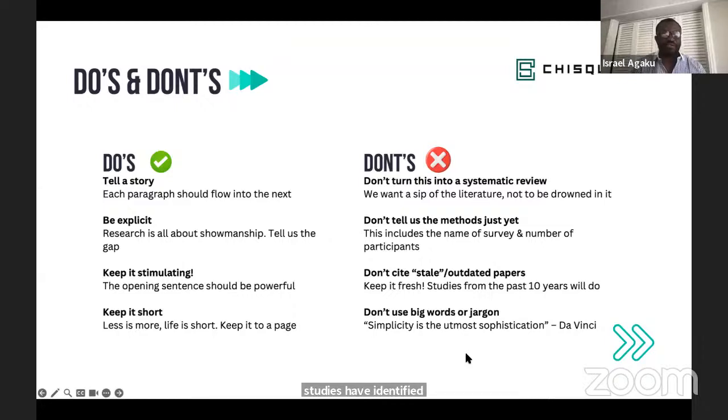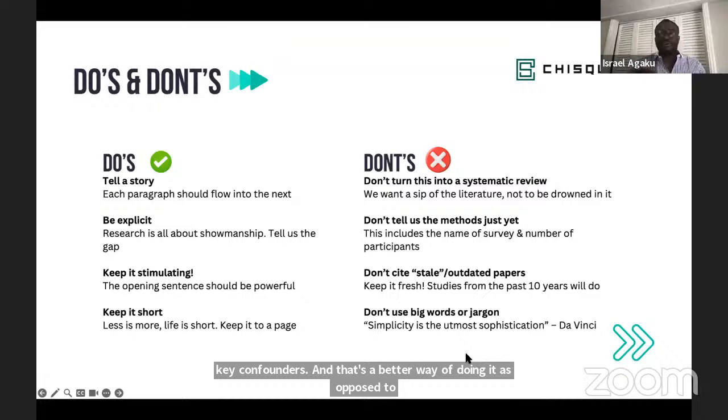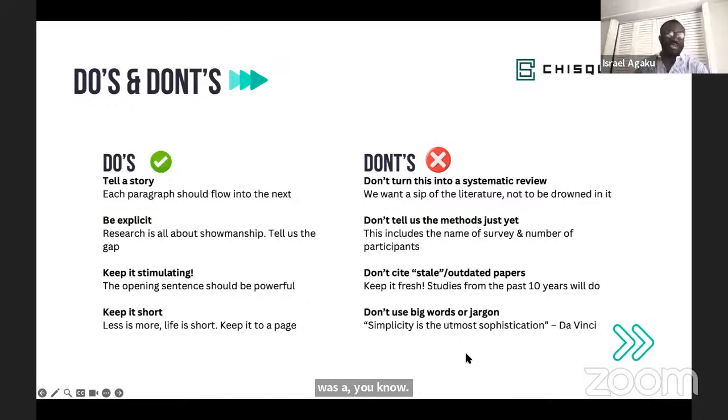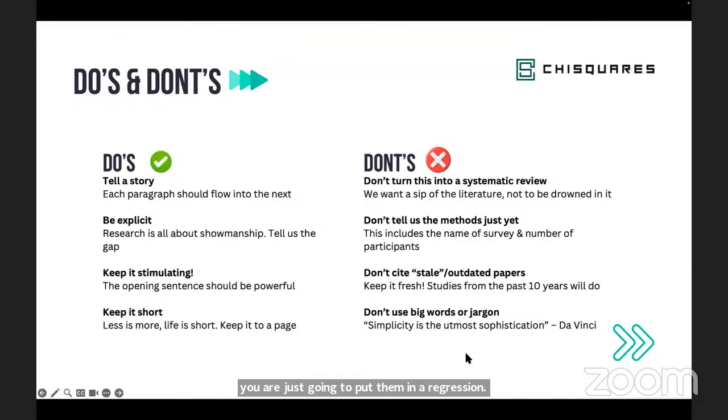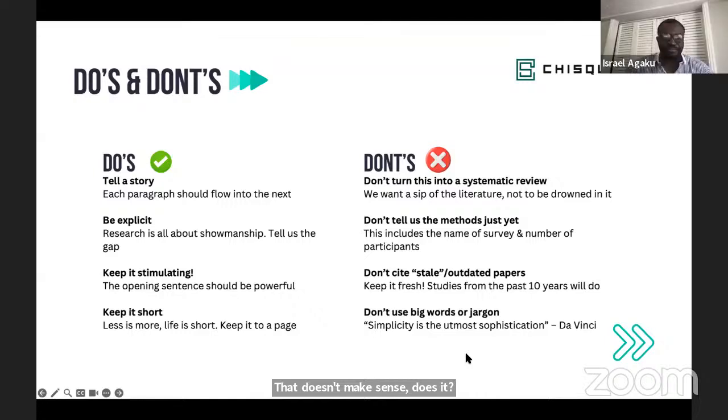That's the better way of doing it, as opposed to a forward or backward approach, which simply means that you just throw in a whole bunch of variables into the computer, and whatever comes out, whether it makes sense or not, you are just going to put them in your regression. That doesn't make sense, does it? It doesn't. Thank you. You're welcome.